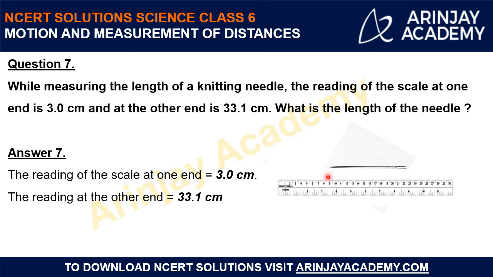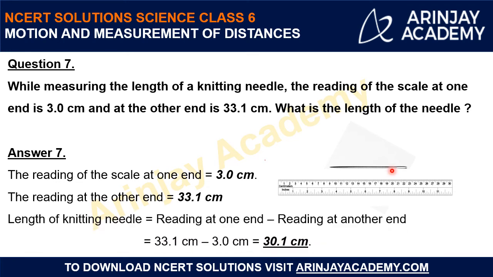So if you want to find out the length of this knitting needle, you need to subtract this distance from this distance. That would be equal to the reading at one end, that is the reading of the scale from 0 to this point, minus the reading at the other end, that is from 0 to this end.